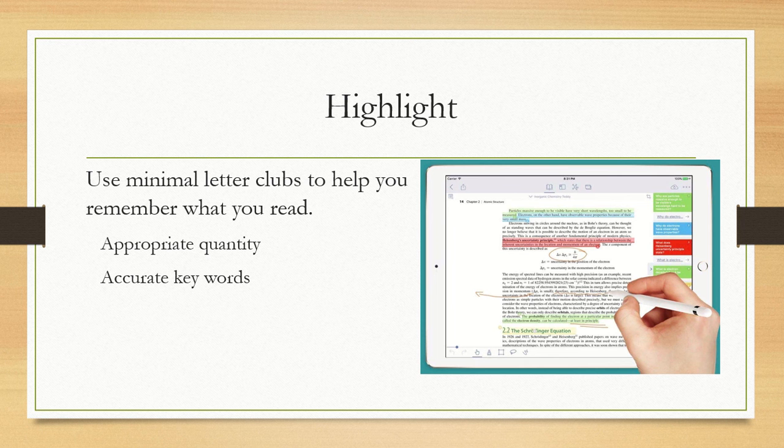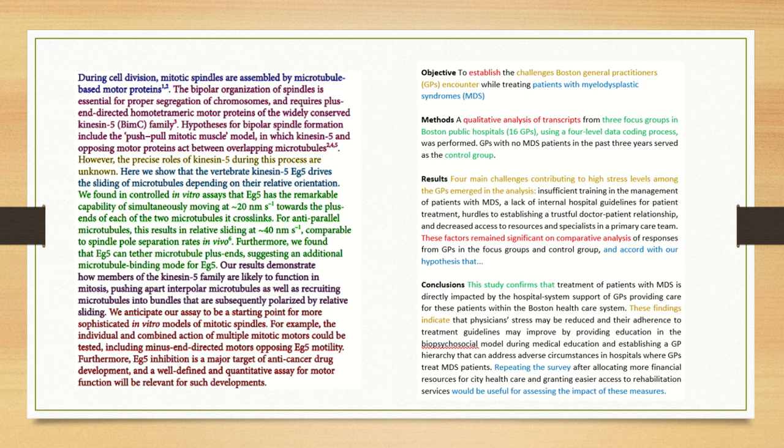There are two examples. We can see that the first note may be useless for helping us to remember what we have read, because the student didn't find the correct keywords and he or she has colored too many sentences.